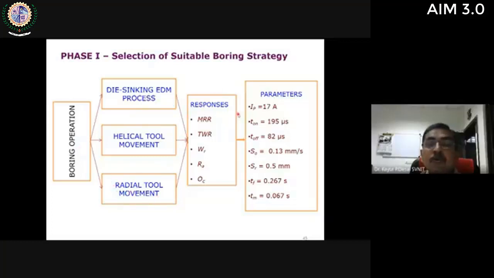The responses or process criteria are material removal rate, tool wear rate, wear ratio, surface roughness, and overcut, which is nothing but shape accuracy. The parameters which are to be varied: current, on time, off time, orbital radius, orbital scanning speed, and machining time and retreating time.